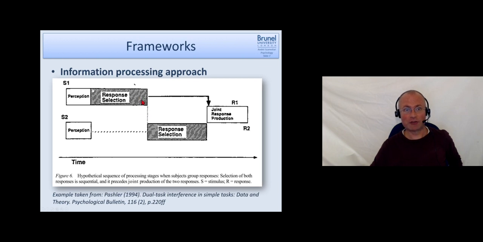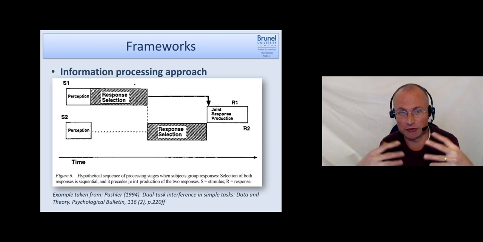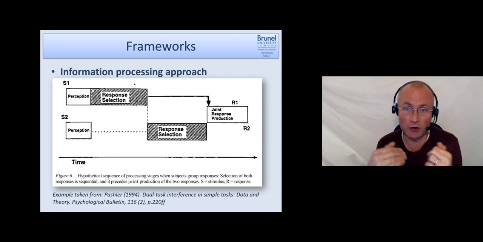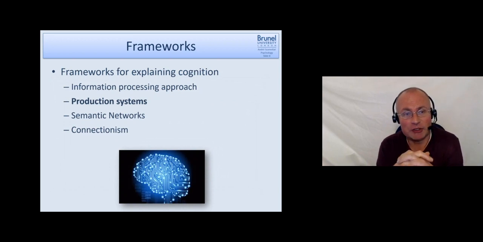So you do first the response selection of the first stimulus. The second task has to wait, and then you do the response selection of the second stimulus. The detail of that doesn't matter. It's just to illustrate that this is used in publications to describe how the mind works. Okay, so much for information processing.